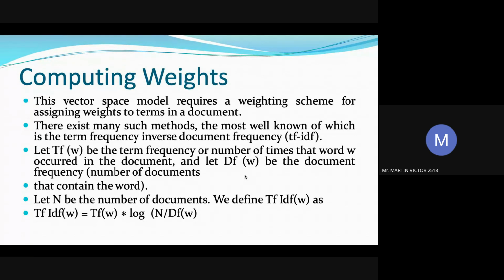So here there is a calculation for this TF-IDF. Let n be the number of documents, and the document frequency of a word is the number of documents that contain that word. So we define TF-IDF of a word as the term frequency of that word times the logarithm of the number of documents divided by the document frequency of that particular word.